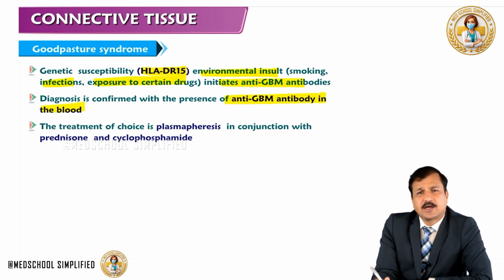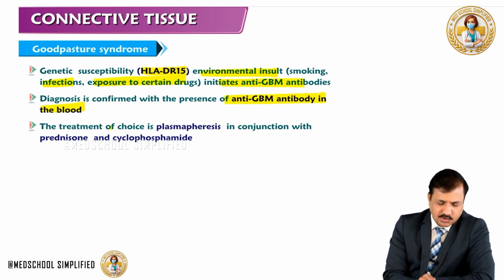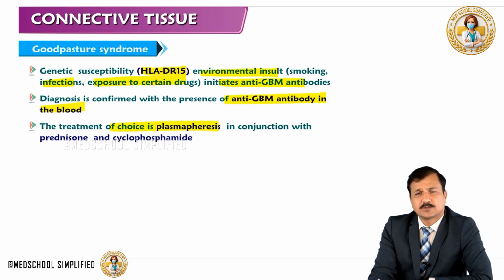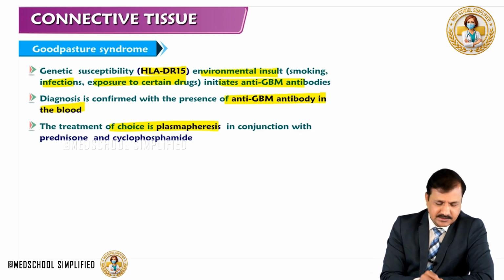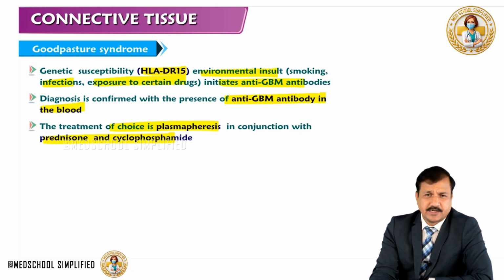Diagnosis is confirmed by anti-GBM antibody in the blood, and the treatment of choice is plasmapheresis in conjunction with prednisone and cyclophosphamide.